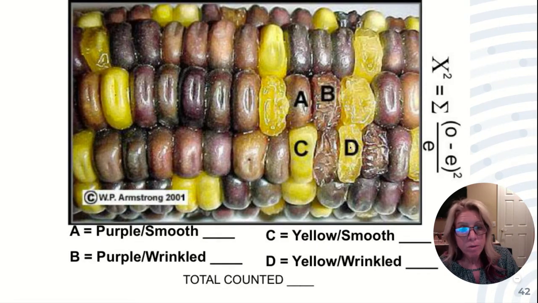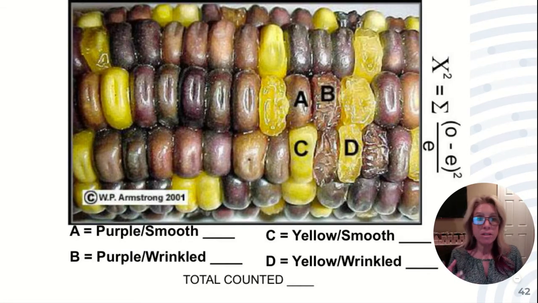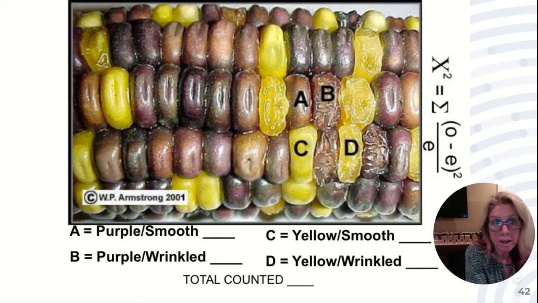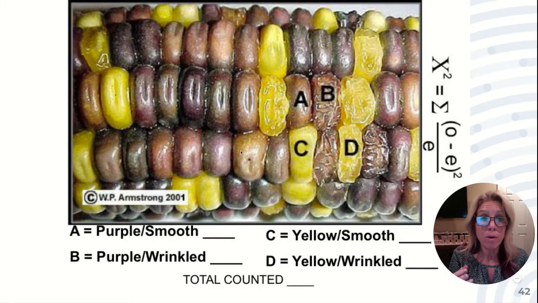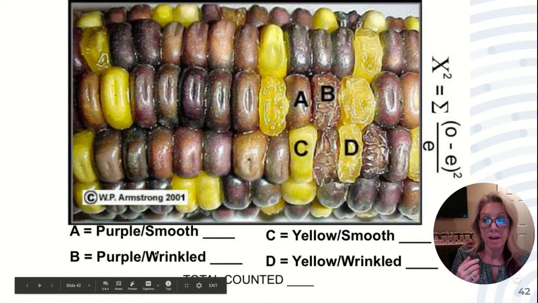And then yellow and wrinkled, that would be the recessive trait. Okay, so again, this is the same scenario where you would expect 9 to 3 to 3 to 1 in each of these. So you could analyze this Indian corn and count up each one and tell what you would expect, and then take the difference on these 4 different categories.